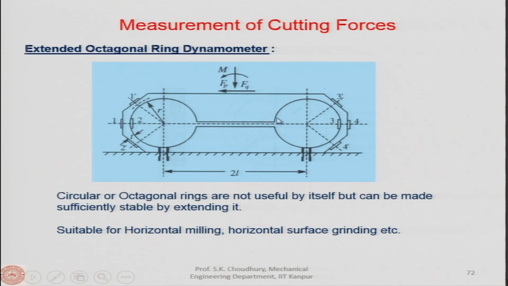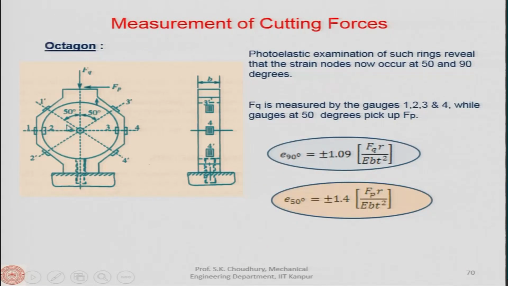So, therefore, all the principles of the octagon structure that we have discussed remain the same, means that at a 90-degree angle you will have the 1, 2, 3, 4 sensors, and those sensors will sense the thrust force. Let us say in this case it is Fp or Fq, and Fp, the tangential force, will be sensed by the sensors which are located at a 50-degree angle. If you see this, this is a 50-degree angle for the octagon.